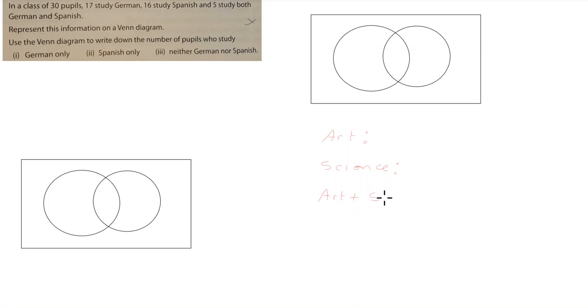So imagine we have students that do art, students that do science, and students that do art and science, and then we have students who study neither of these. I'll just write this in as well.